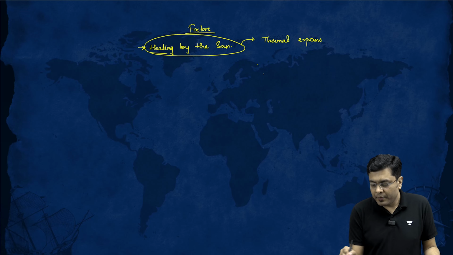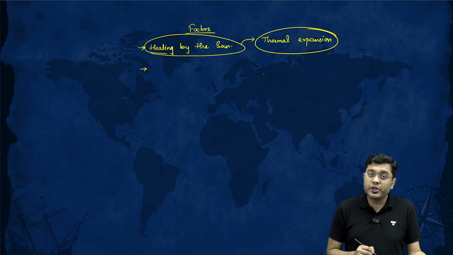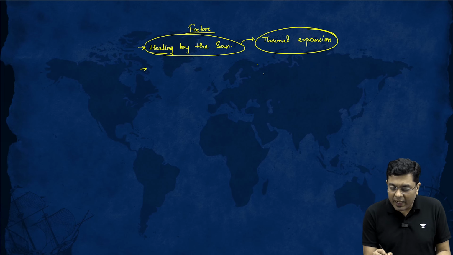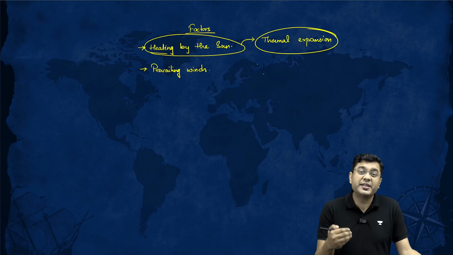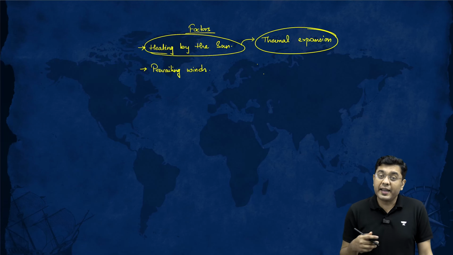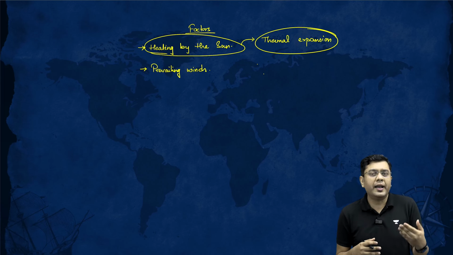Right? Now, other than this, just this expansion won't be sufficient. Other than this, you have a very important factor of prevailing winds. Here, prevailing winds basically refer to the planetary system of winds that we have, the trade winds, the westerlies, the polar easterlies. Now, these prevailing winds are able to carry this water from one particular region to another.